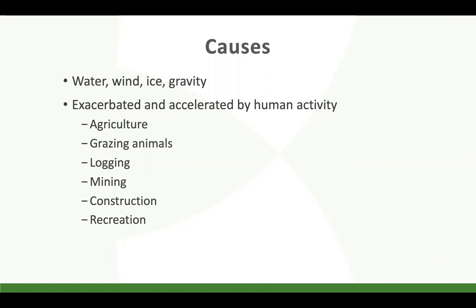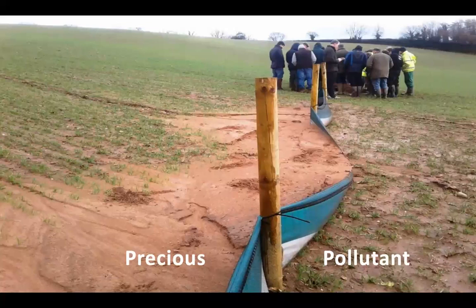But okay, agriculture is a big piece of this puzzle, along with grazing animals, and then of course other areas like logging, mining, even the construction industry, and even recreational contexts. Many of these human-related activities ultimately expose the bare soil. And once we've exposed bare soil, we are highly vulnerable to that soil blowing or washing away.